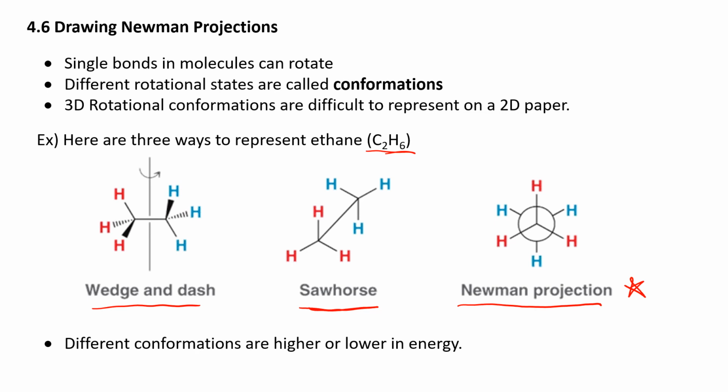So different conformations, different rotational states, as I rotate around this bond, will be higher or lower in energy. So that's the point. We're doing conformational analysis, and we want to analyze different conformations being higher or lower in energy.